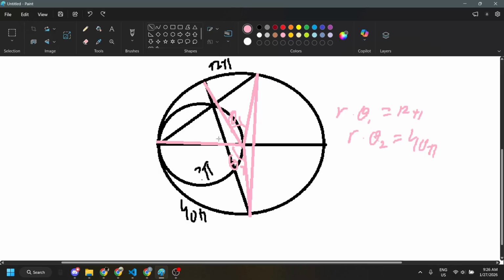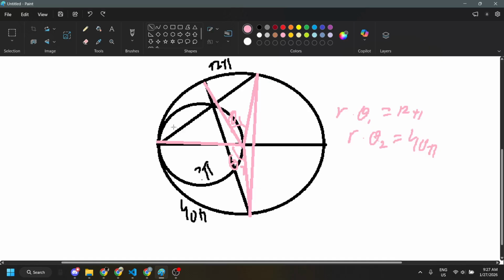So if these are vertical to each other, I don't think that tells us anything. I really don't know how to go about this.